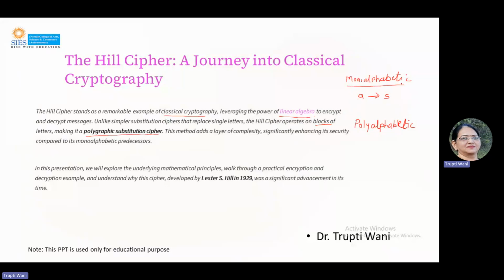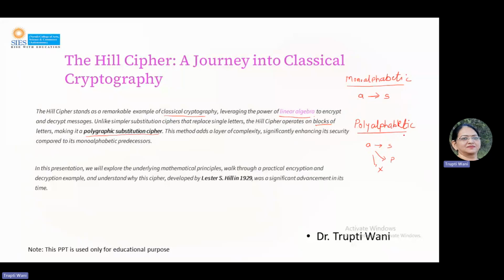the monoalphabetic cipher. Whereas in a polyalphabetic cipher, the occurrence of A in a plain text is converted by using different letters. So it may be converted as S, it may be converted as P, it may be converted as X, and so on.